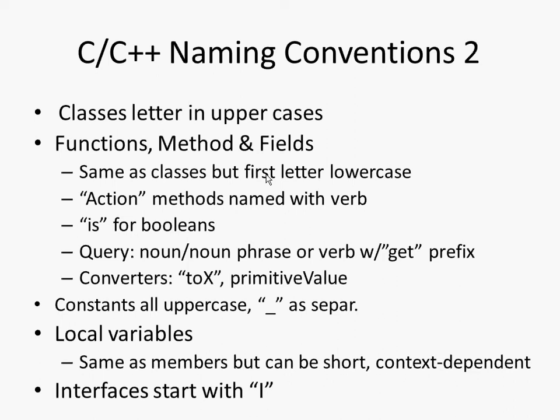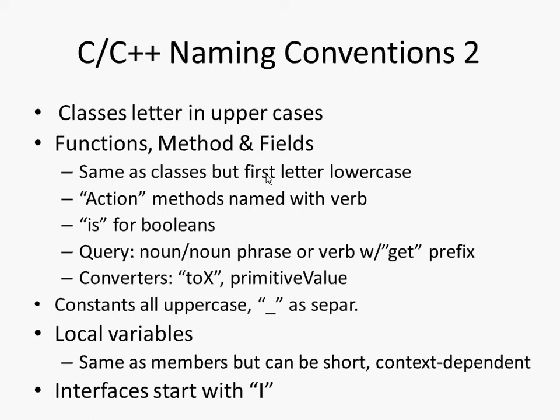Okay. So within this context, constants are again all uppercase. Very often if you need to have different words in a constant, you can separate them with an underbar rather than using camel case. It's all uppercase, so you don't have that option. And local variables are like fields, but they can often be short.